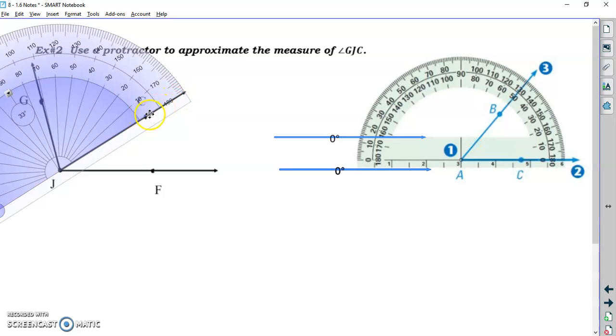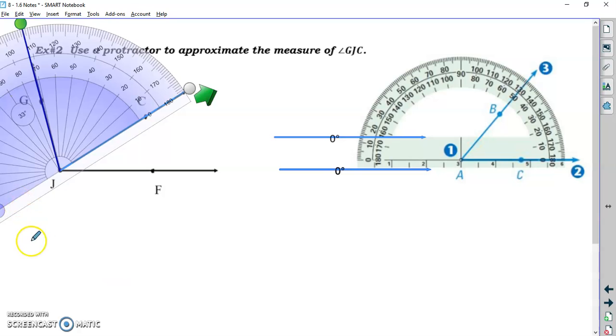So now you can see we're at 0 degrees, 10, 20, 30, 40, 50, and if we bring it to our other ray, we are at about 72 degrees. I think on your papers it might look more like 73.